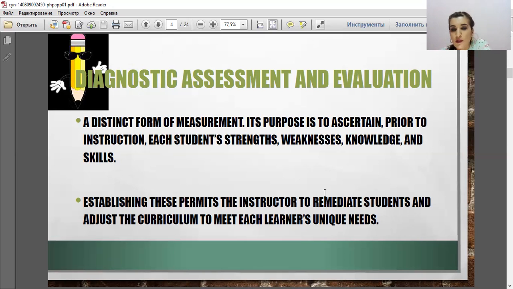So when we use diagnostic assessment, we should use it at the beginning of the educational course because we should find out the level of our student, and with the help of this we will make our curriculum in order to teach our students for further education.